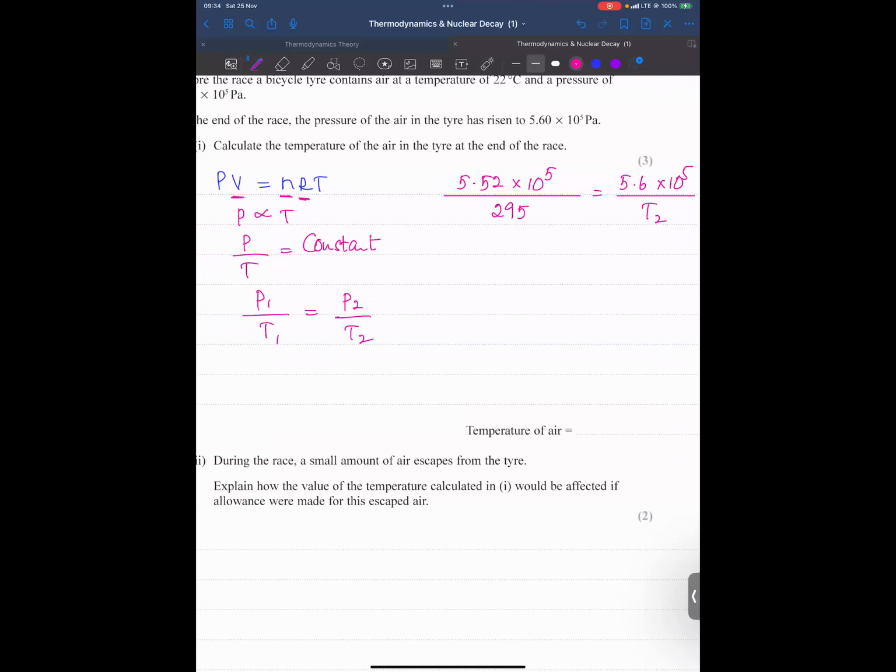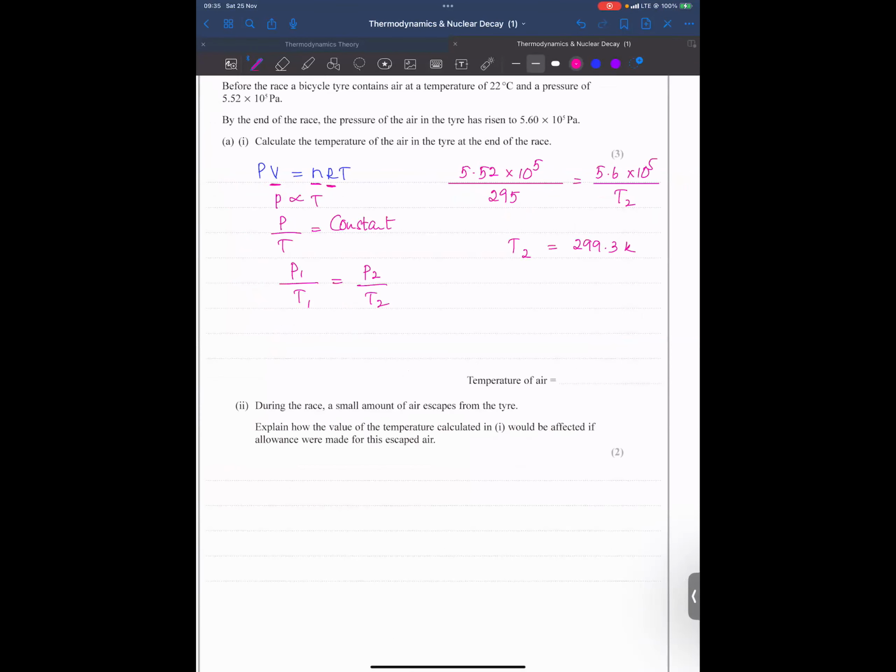That will be 299.3 Kelvin. If you don't like Kelvin, you can minus 273 and get the Celsius temperature. Okay, happy?